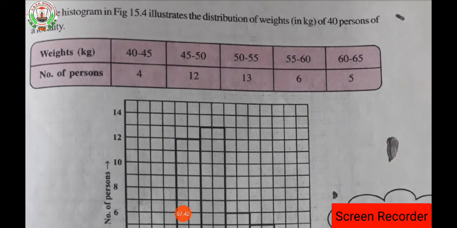Okay, so using this data 40 to 45, how many persons are there? 4. Then weight 45 to 50, 12 persons are there. Weight 50 to 55, 13 persons are there. Weight 55 to 60, 6 persons are there. Then weight 60 to 65, 5 persons are there, isn't it? So while using this data we are going to draw the histogram.